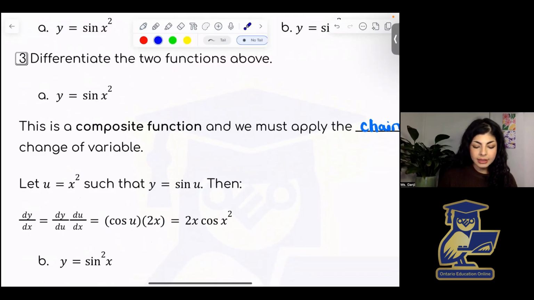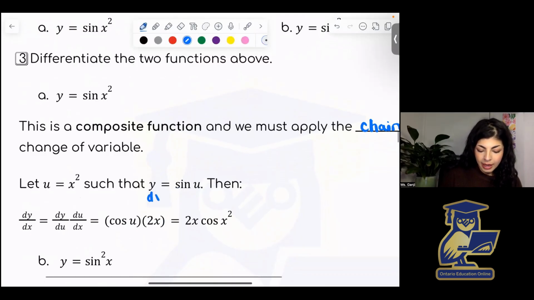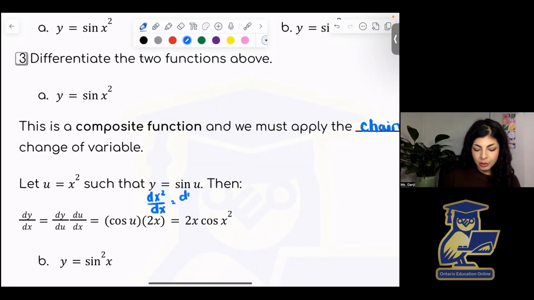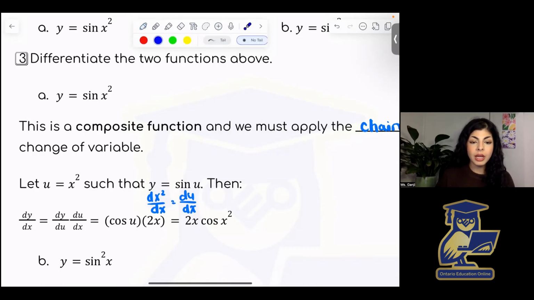And the 2x is d of x squared by dx, which was du dx. And then just rewriting that, we always want to have a trigonometric value at the end. We have 2x cosine of x squared. So we see that x squared remains, but now it's a cosine.